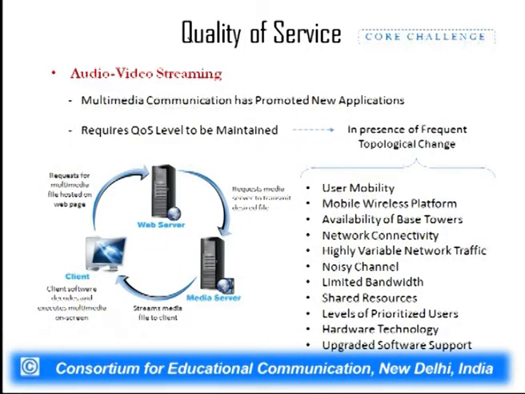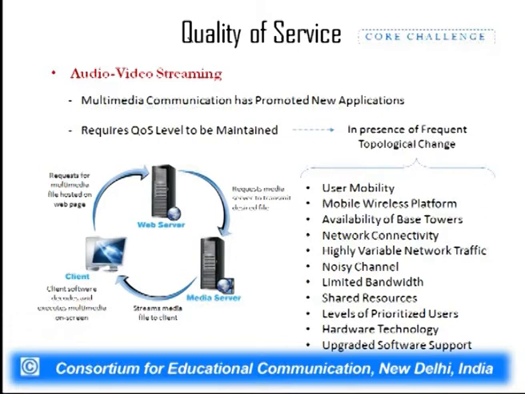Because the wireless domain is there in our picture, and whenever the wireless domain is there, there will be chances of frequent topological changes. Now the topological changes can be there due to several reasons. First, it can be due to user mobility. The users are holding these multimedia handheld devices, so obviously they are not going to be stationed at one position.